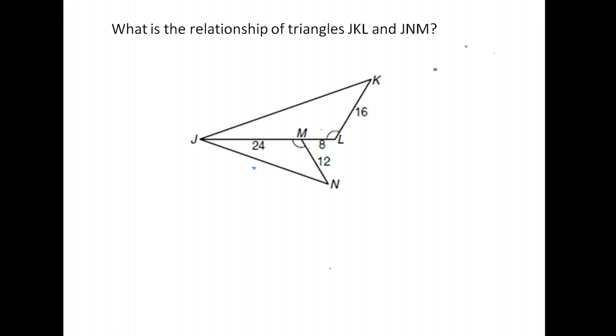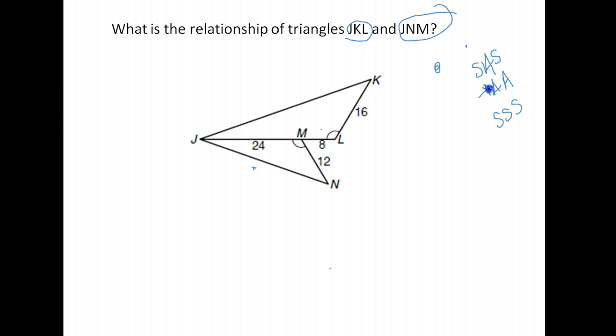Okay, this question is asking us what's the relationship between triangles JKL and JNM. We're dealing with similarity, so our thought is, well, are they similar? And if they're going to be similar, are they similar by side, angle, side, angle, angle, or side, side, side? Okay, well, let's take a look.